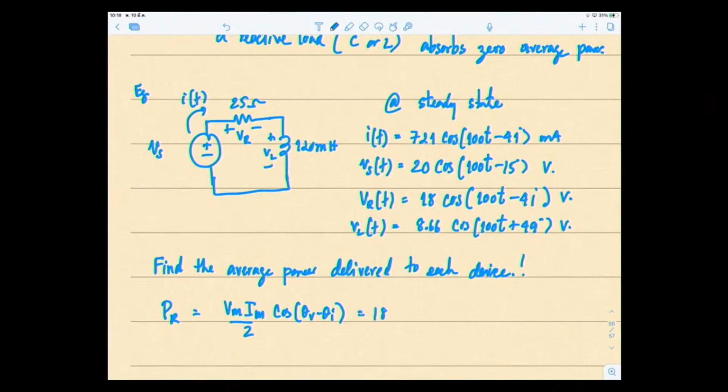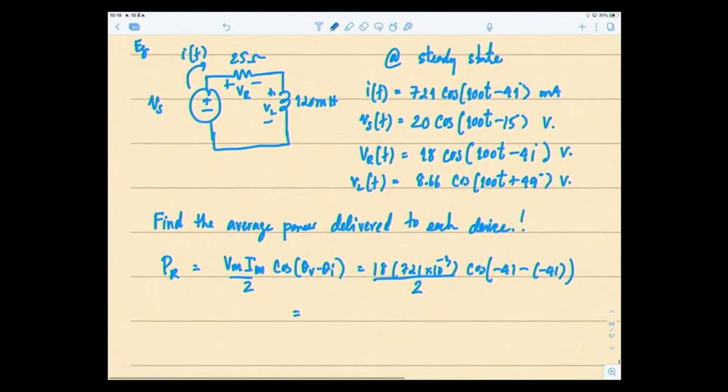The current that goes through R is I, so multiply by 721 times 10 to the minus 3, divided by 2. Cos of theta V of R, which is minus 41, minus theta I, which is also minus 41. Can you see that? They are in phase. The current and the voltage drop across R are both minus 41, so they're in phase. So the answer is equal to 6.5 watt.